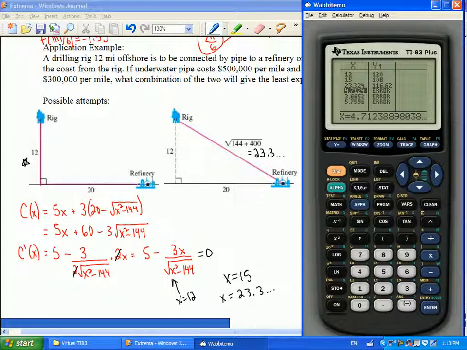But the good thing about knowing this strategy is you can confidently say there is no other possibility to minimize your cost. This is it. If it's not one of these three, you're wasting your time trying to figure out a different way to lay this pipeline down. So you know without any doubt the cheapest one is to do here with 15 miles along the water.